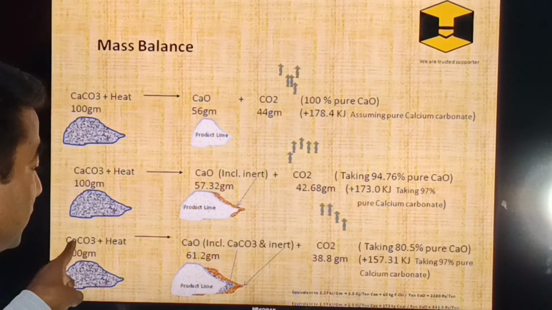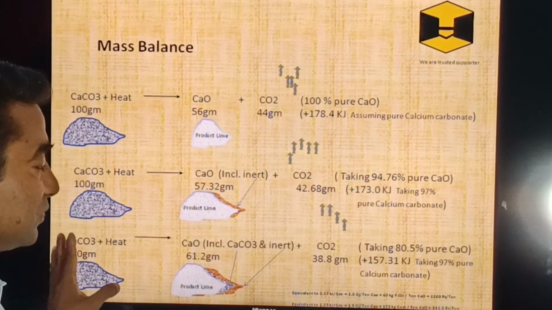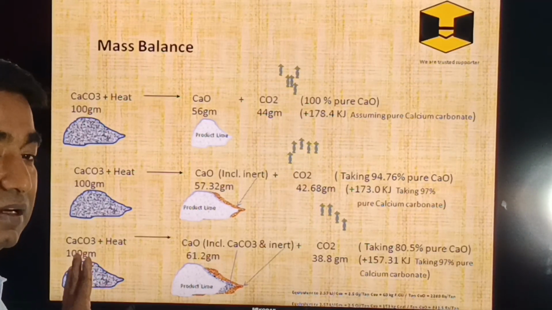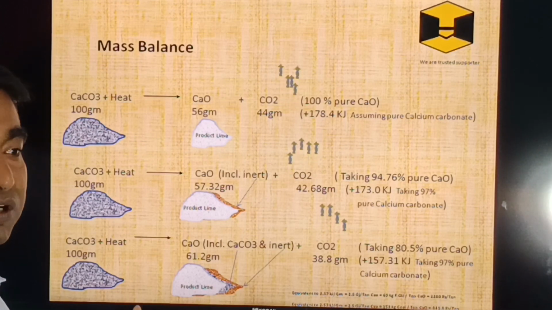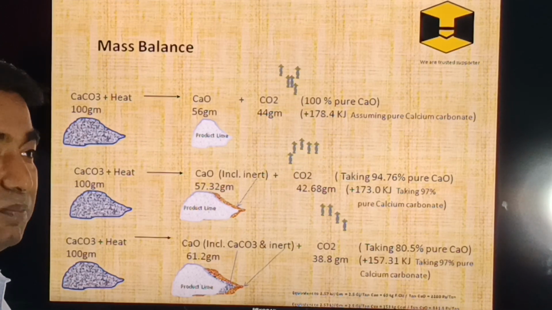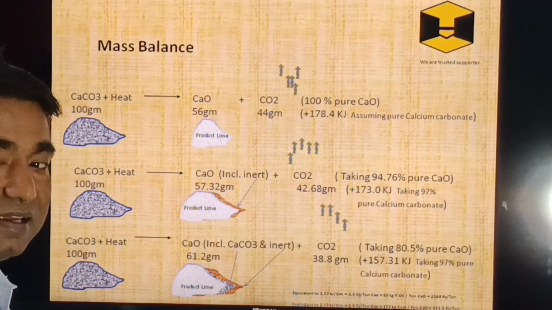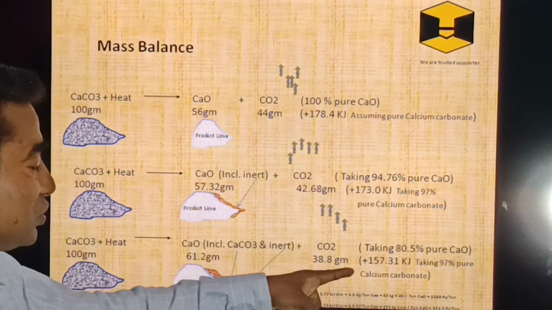Usually it has been seen that industry is satisfied with lime having 80 to 85% purity from the rotary lime kiln, because more than this purity is sometimes beneficial, but there is always a risk of over burning and overcooking. So the energy requirement will be this much.